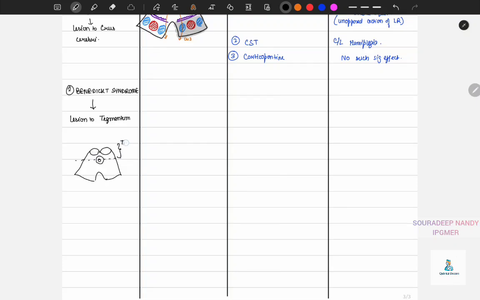This part is tectum, and this part is called the cerebral peduncle. Again, here we have the substantia nigra. This part of the cerebral peduncle is called tegmentum, and this part is called crus cerebri. So tegmentum plus crus cerebri equals cerebral peduncle.